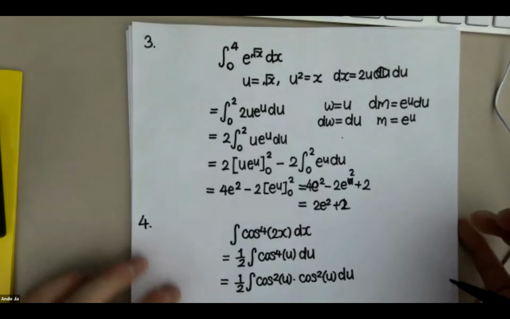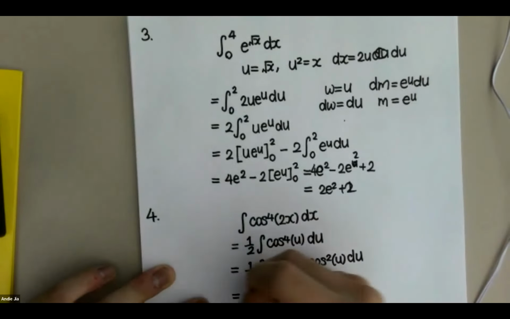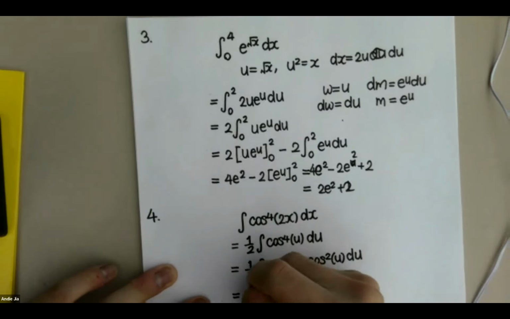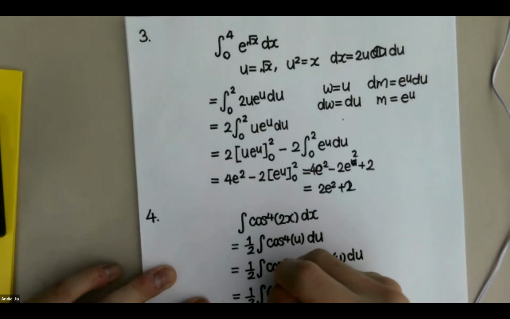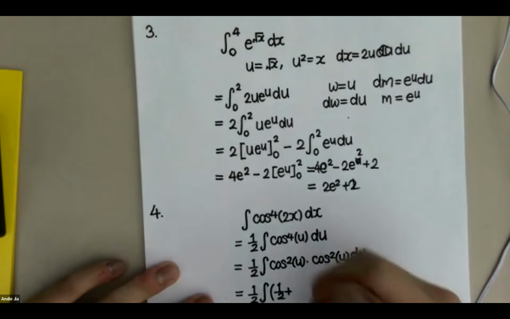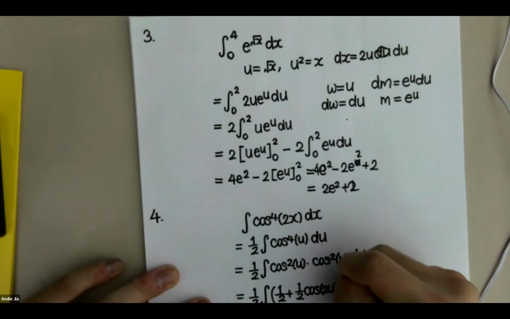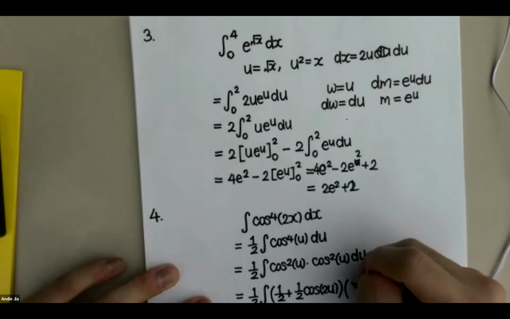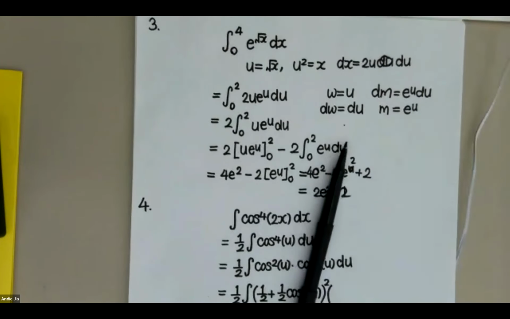And then we just rewrite them using the half or double angle identity here, and then it's going to be 1/2 plus 1/2 cosine of 2u, and then there's, oh wait a minute, I need to use the whiteout here, because of my mistake.